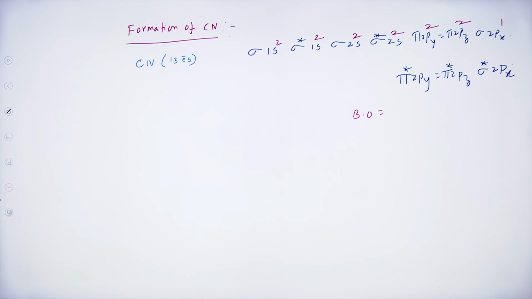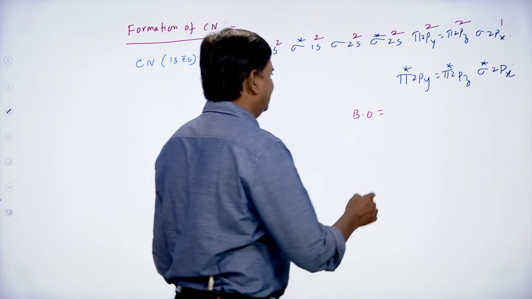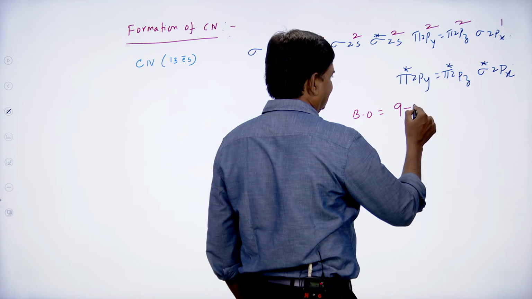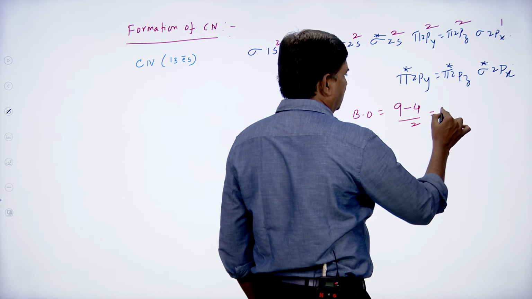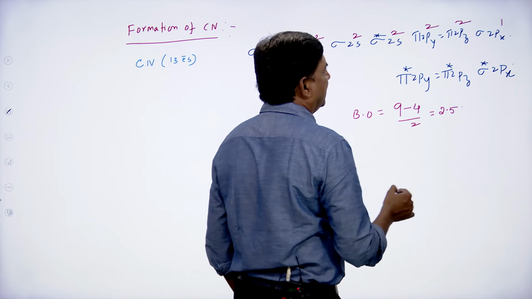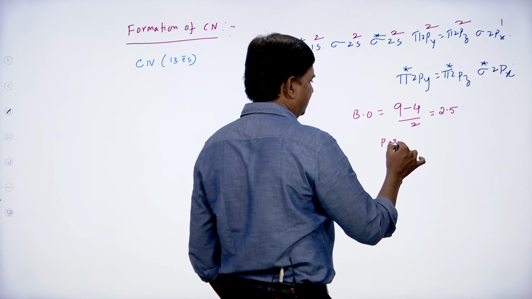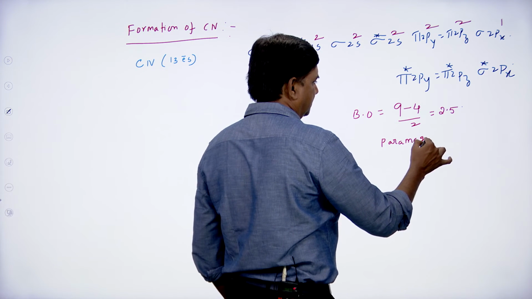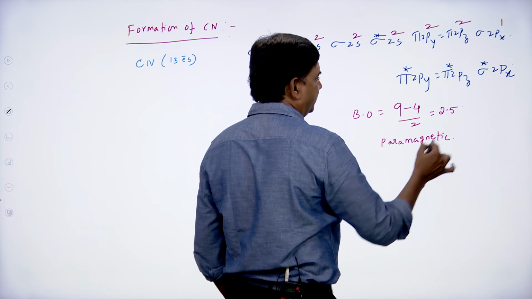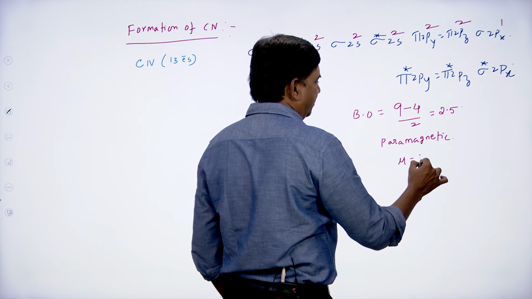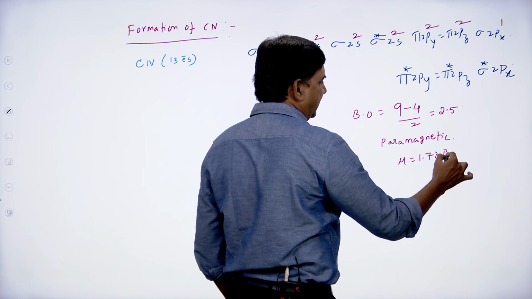Bond order is equal to 2.5. Paramagnetic. Magnetic moment is 1.73 Bohr magnetons.